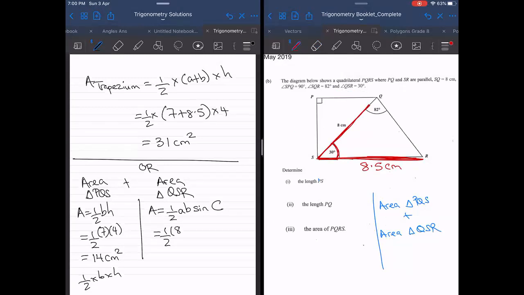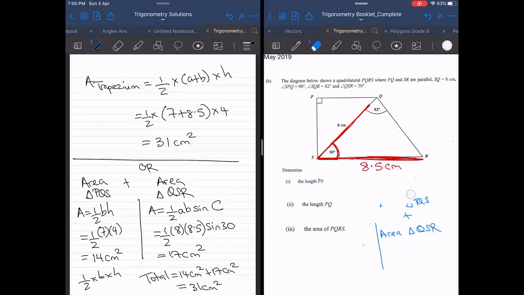So it would be a half times 8 times 8.5 sine 30, and we would get 17. So the total would be 14 plus 17, which is the same 31. Completely up to you, whichever one you would have wanted to use.